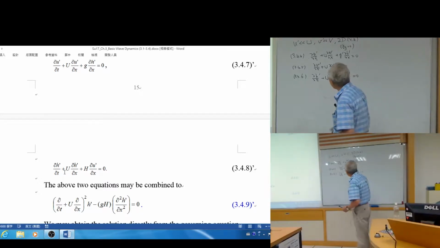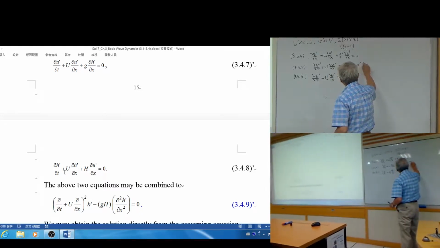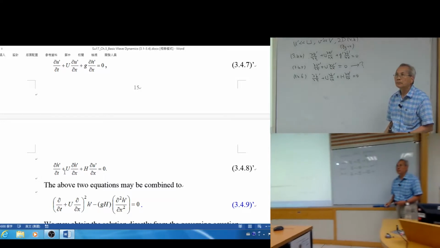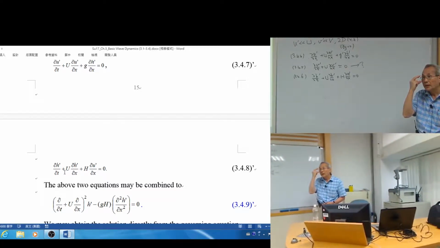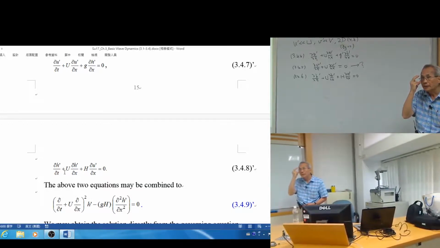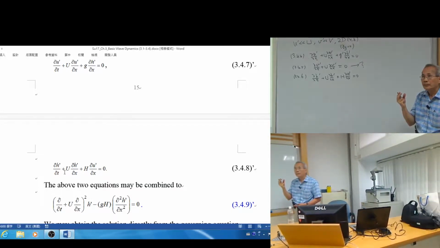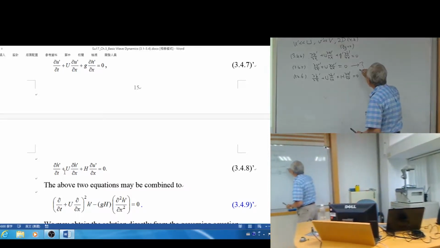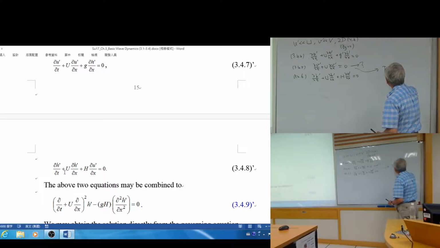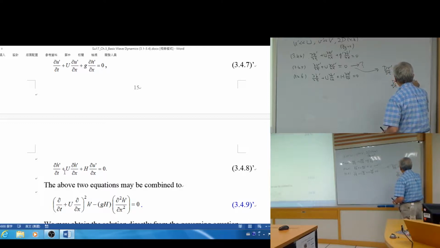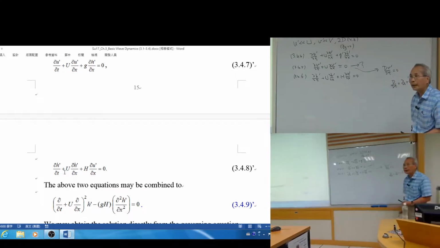So you may wonder, where does this go? This one is actually dv prime dt equals 0, right? And d/dt for two-dimensional will be just partial t plus u partial x, right?